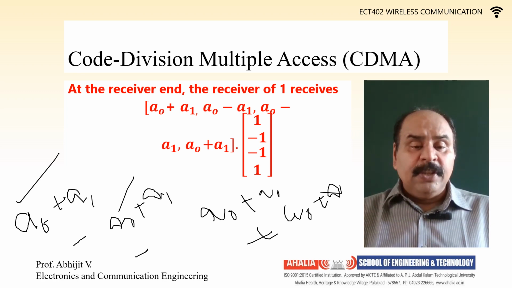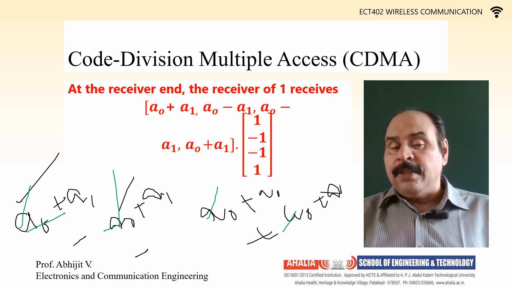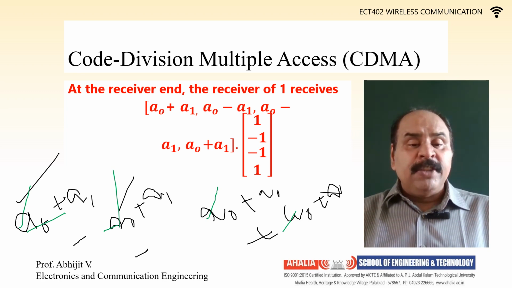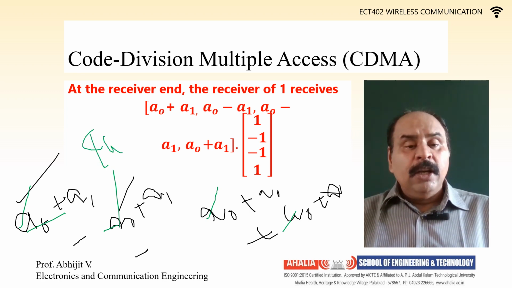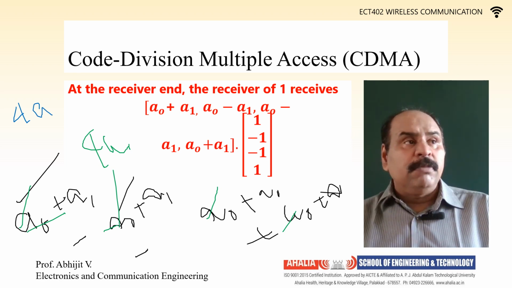So here, this A0, this A0, A0 minus A0, A0 minus A0, all these things will become cancelled. You will get A1 plus A1 plus A1 plus A1, so you will get 4A1. In the previous one, what you got? 4A0, right?